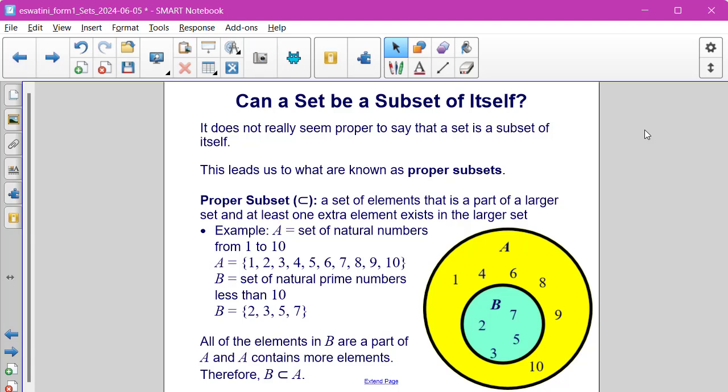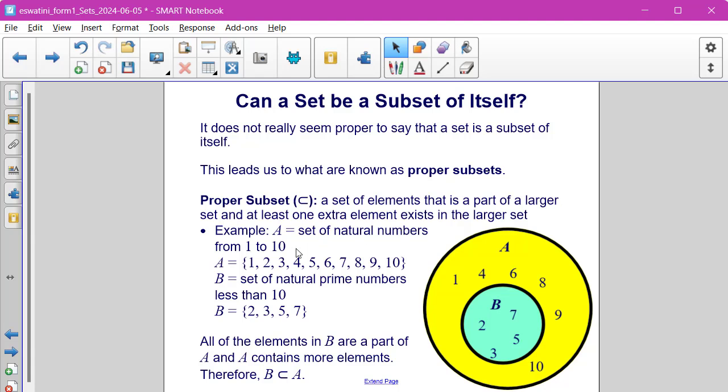It doesn't really seem proper to say that a set is a subset of itself, and this leads us to what are known as proper subsets. A proper subset has a notation of a sideways U, or a C with elongated horizontal sections. A proper subset is a set of elements that is a part of a larger set, and at least one extra element exists in the larger set.